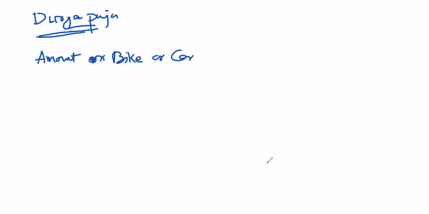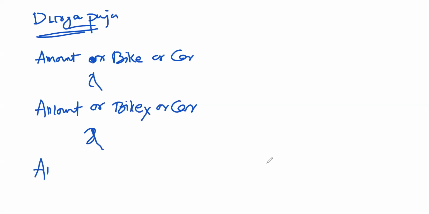You have given a condition. So father, you can give me some amount of money or bike or car. If you don't give me a bike, it's okay to me. Or give me a car, and you give me some amount of money, or bike.